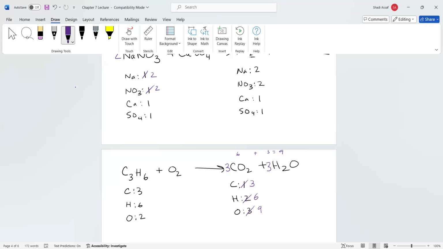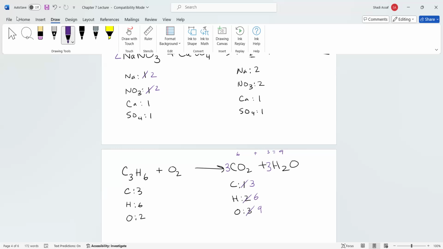So you need the least common multiple here. Well, you can't put a 4.5. So anytime you run into this issue or you have an odd number of oxygens, the answer is clear: you want to double the coefficient in front of carbon.